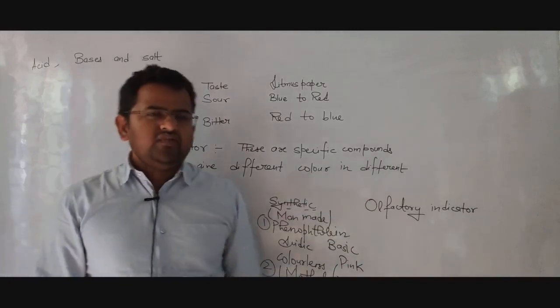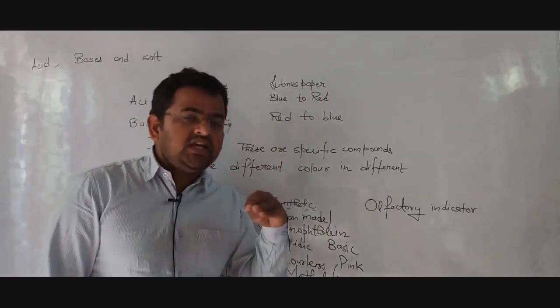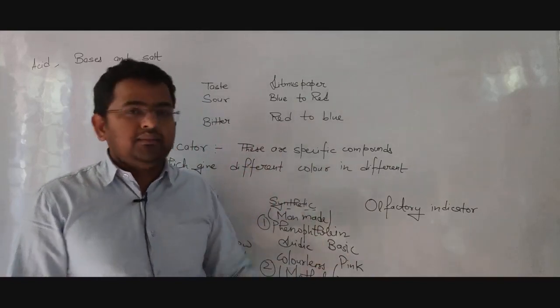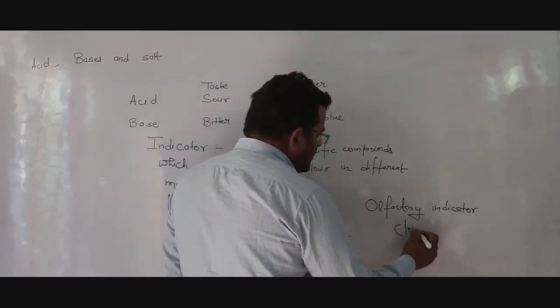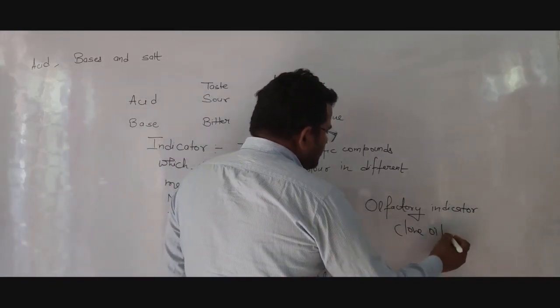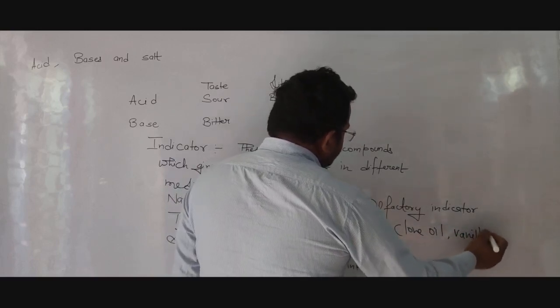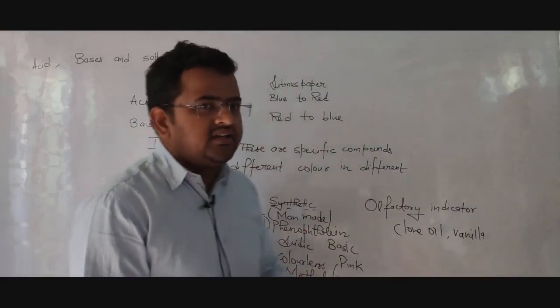Now we'll talk of olfactory indicators. There are a few indicators which change the smell, or fragrance, in different mediums. Like clove oil and vanilla essence. These two are olfactory indicators.